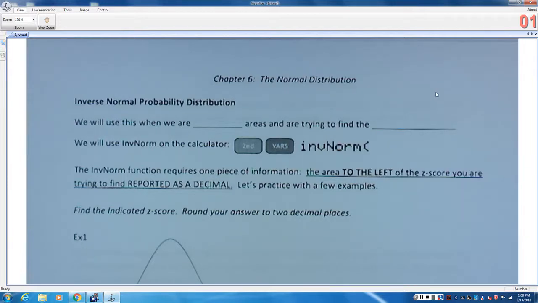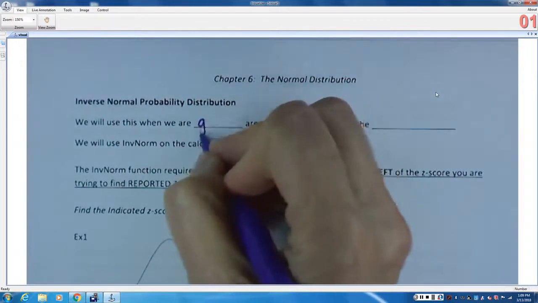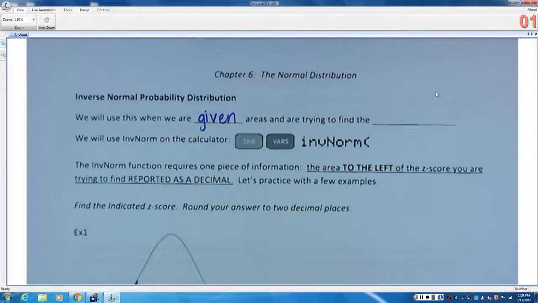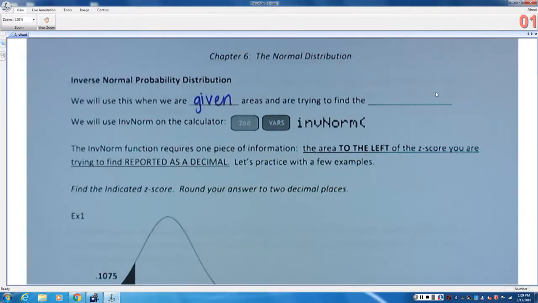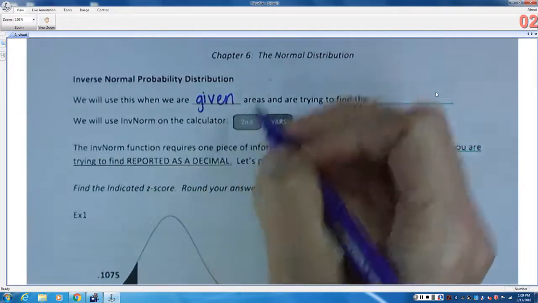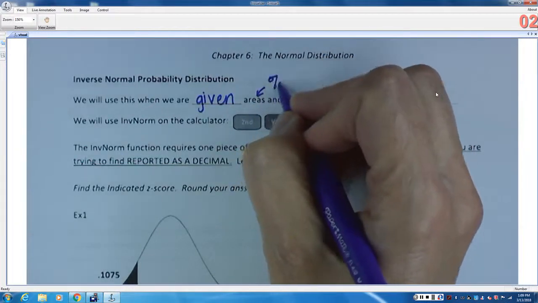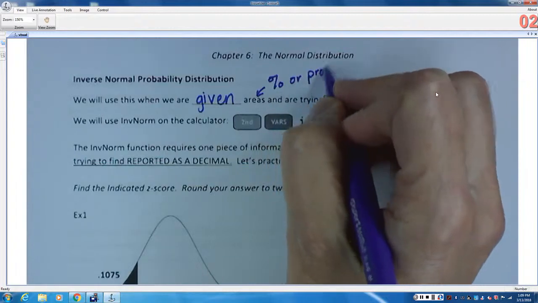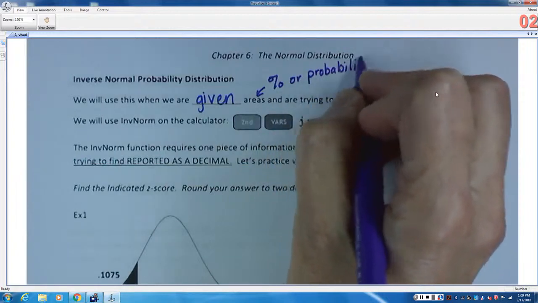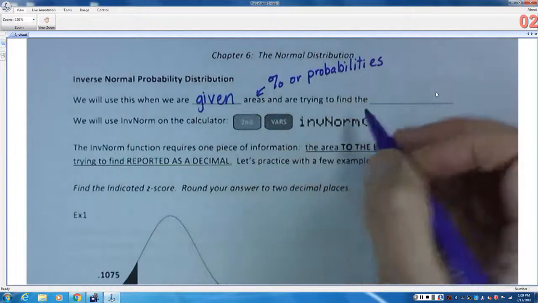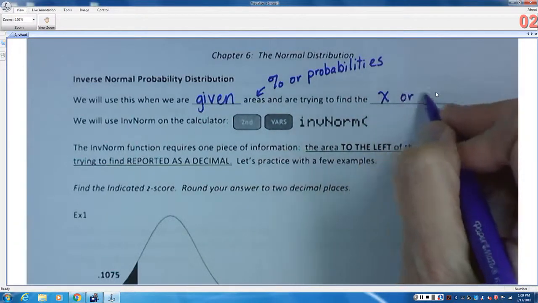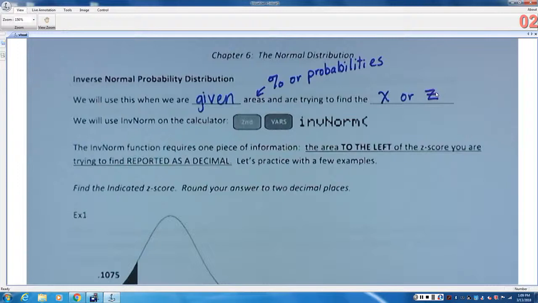All right, so this is inverse normal probability distribution. And we're going to use this when we are given areas. See, the previous thing, we were told our values of z and asked to find areas. When we're given areas, and areas are percents or probabilities, we are trying to find the x or z, the numbers on the horizontal axis.